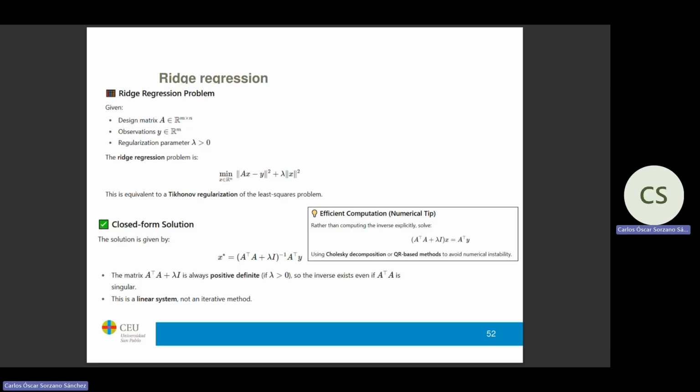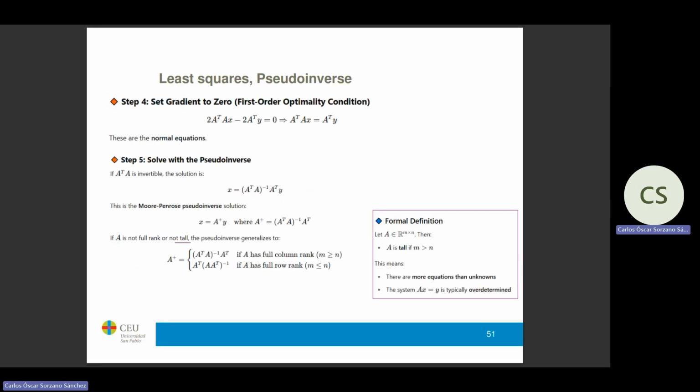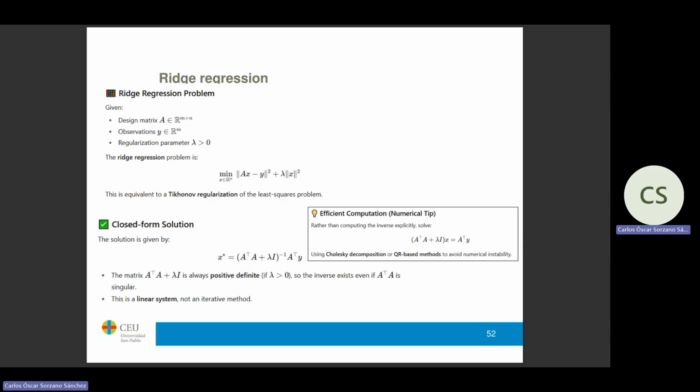And this is an equation system. So we saw before that the normal equation is a linear equation system. This system you can solve at once, as we have done by inverting, or you can use other numerical algorithms to solve it instead.